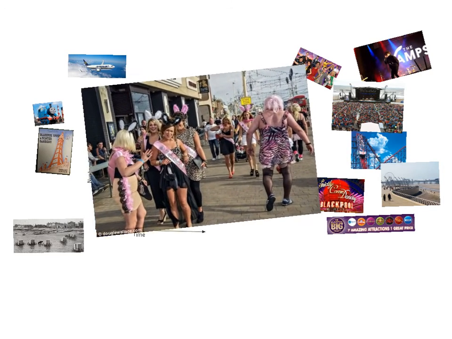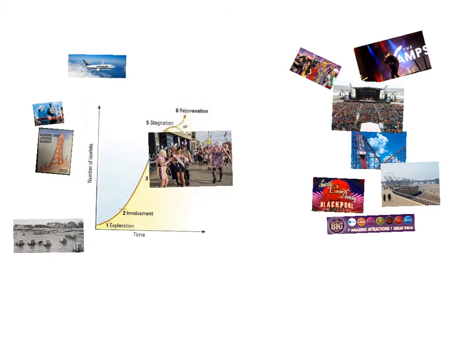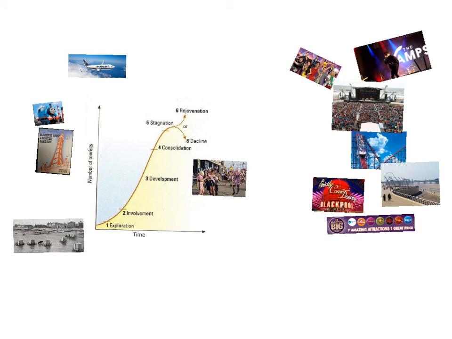And one of the features you can see on this photo, there's all sorts of things wrong in this photo, but this represents some of the issues that came to light during the decline stage of Blackpool. Antisocial behaviour, stag do's and hen do's saw it as a cheap destination, as hotels had to cut their prices to try and attract people along, and it became a bit of a venue for the stag and hen do crowds, leading to decline.